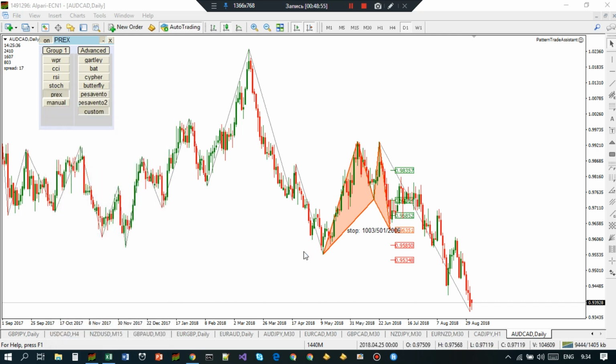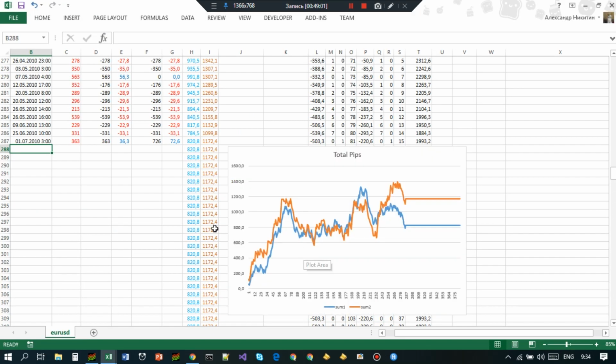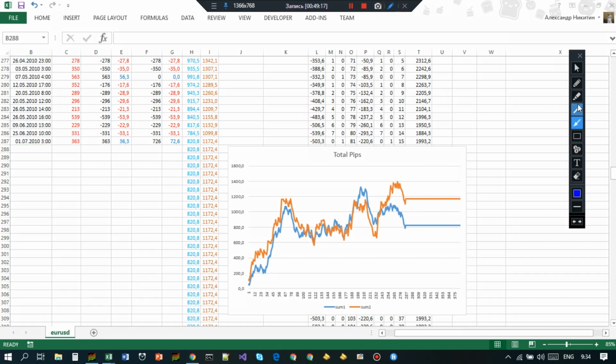Okay. So this is the target 1, the blue line, and the target 2. I tell you, it is aggressive trading with this trade management. And we can see it is trending to the upside, yes. It is pretty good, trending to the upside. Why not?